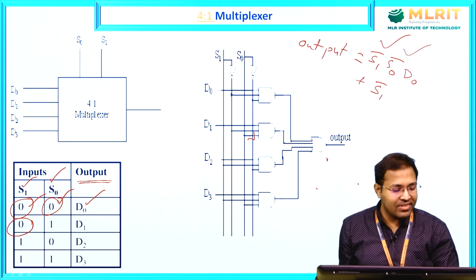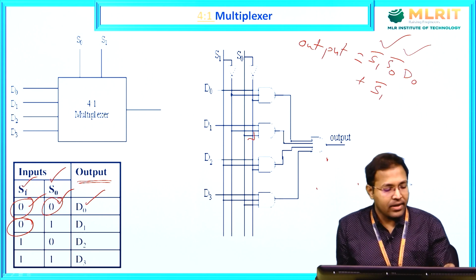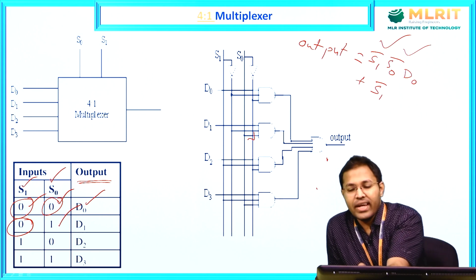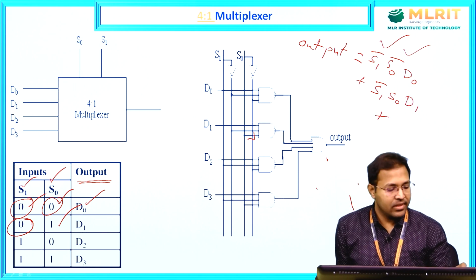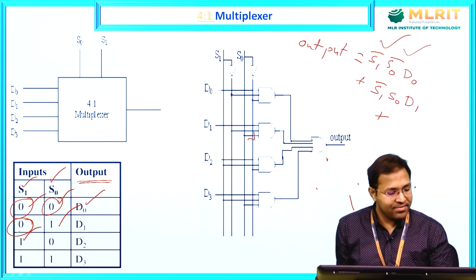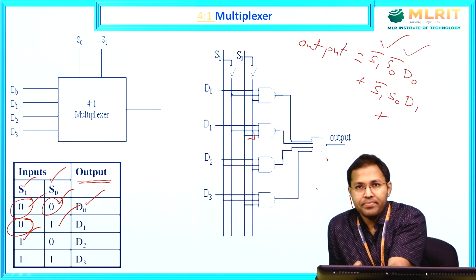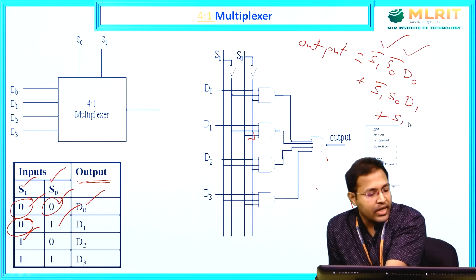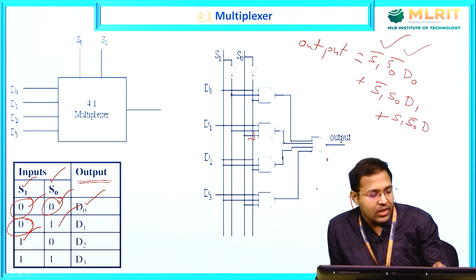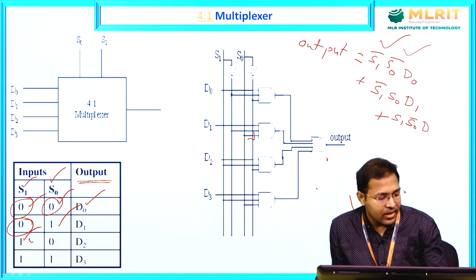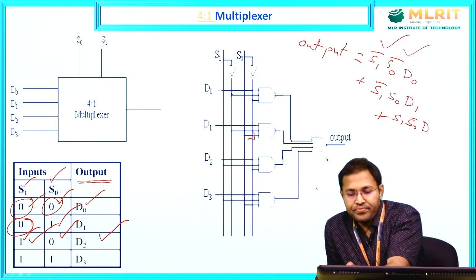Again you have a 0 here, so now you take S1 bar. We have a 1 here, so we take S0. Then D1. The third one will be S1 into S0 bar into D2.